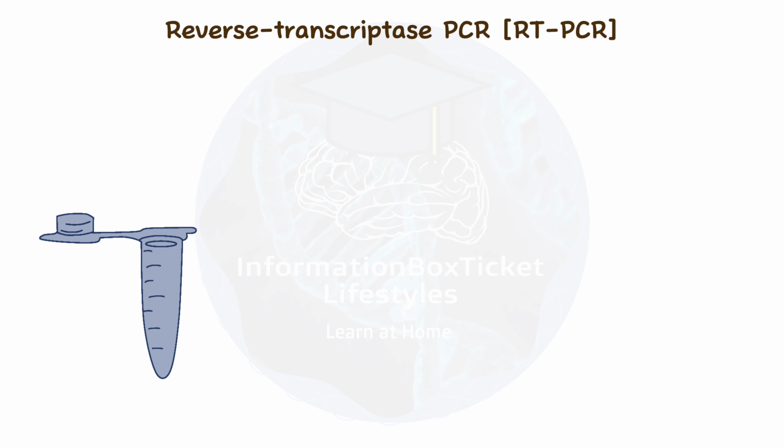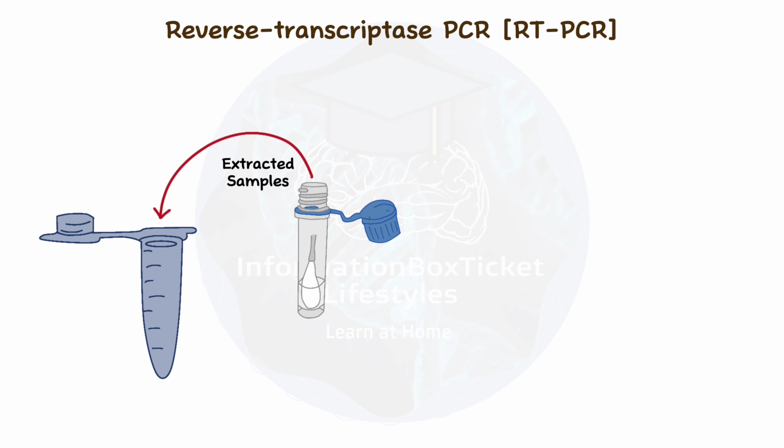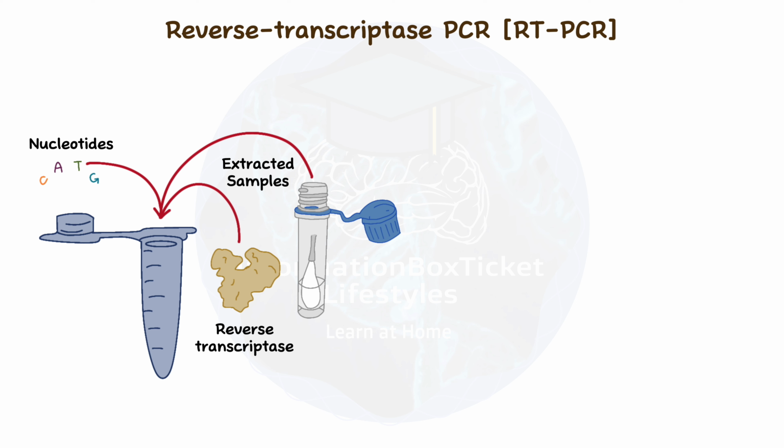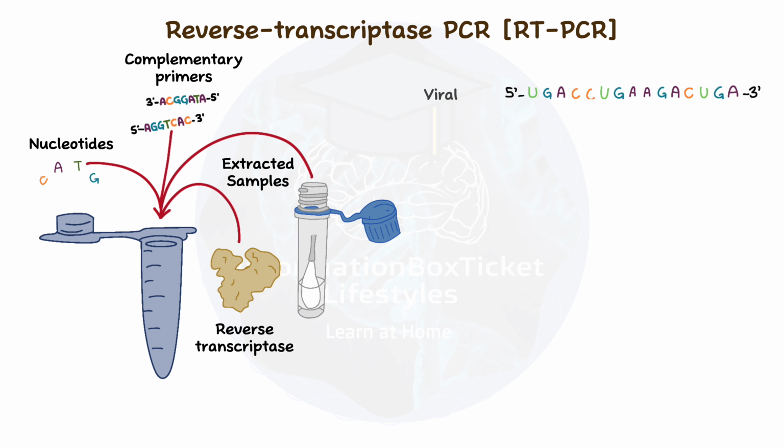To carry out RT-PCR, a portion of the extracted sample from the nasopharyngeal swab is mixed with a solution that contains an enzyme called reverse transcriptase, along with nucleotides and primers that are specific to a target sequence in SARS-CoV-2. If viral RNA is present, the primers bind to the RNA strand, and reverse transcriptase then builds a complementary DNA-cDNA strand.